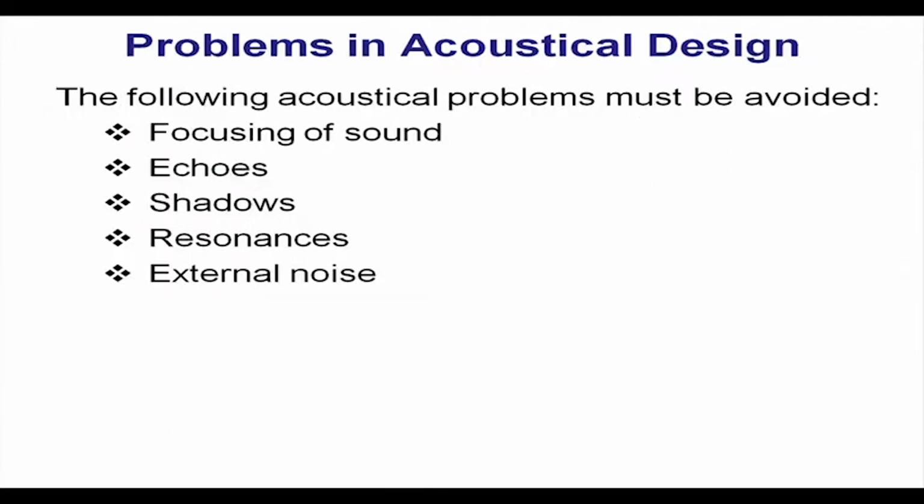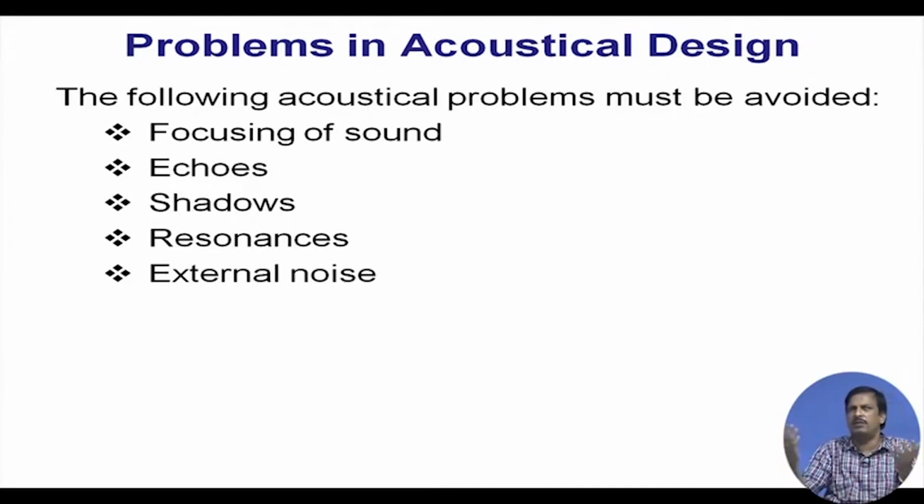Then what are the problems in acoustic design? There are a few problems in acoustic design. We have to avoid focusing of sound. When I design an auditorium, there should not be any particular place where the sound is focused. We have to avoid echoes. There should not be any echoes. We have to avoid shadow. What is sound shadow?